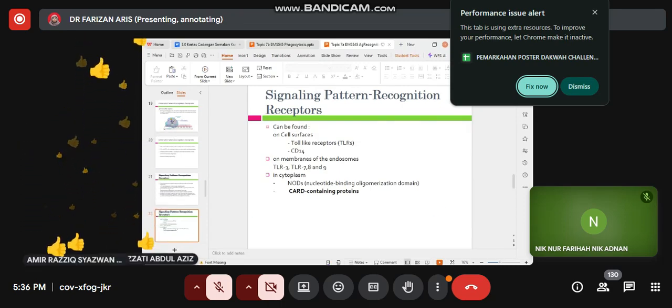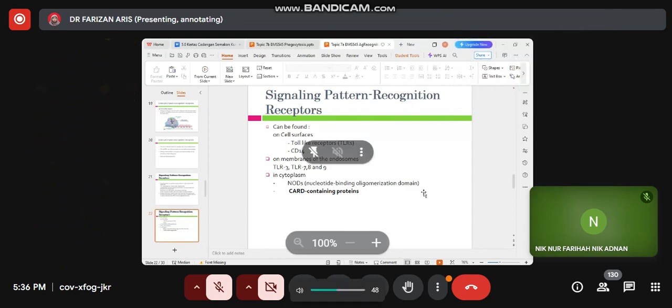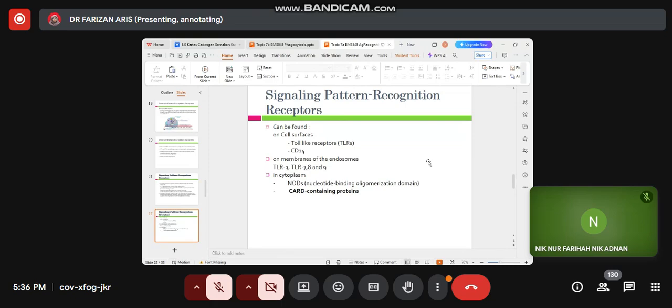Okay, just now was the signaling receptor, right? So what's the difference between the previous receptor, guys? Signaling pattern recognition compared to endocytic pattern recognition receptor. What's the difference? From the word itself, you can know.